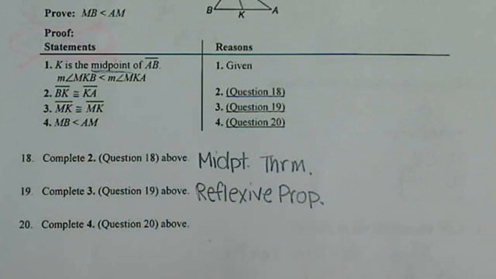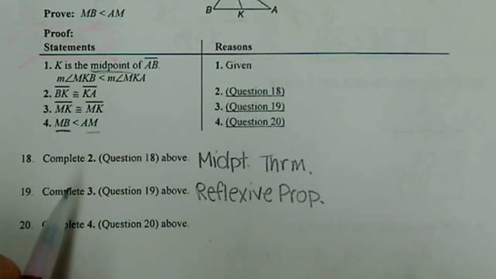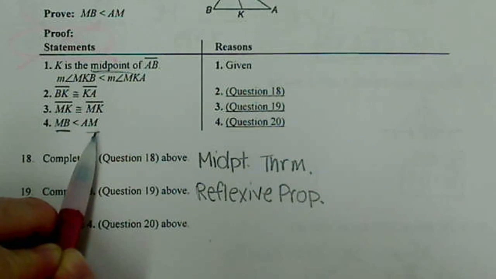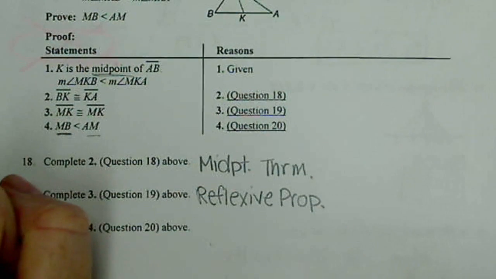Okay, and the last one, number 20. Anytime we are comparing sides of a triangle to be larger or smaller, we need to think about how. We have talked about the measure of an angle, and so this talks about the hinge theorem.